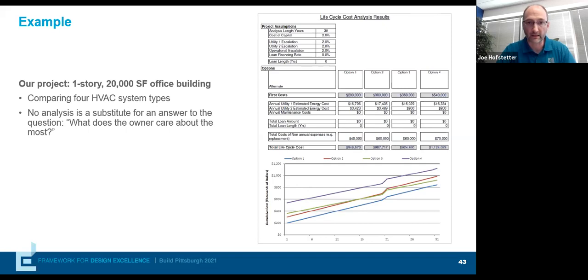And the payback on that from a return on investment of an LCCA was about 15 years. So going back to the owner and understanding, is that within the life expectancy of the systems involved? And does that meet the return on investment that financially the organization would be happy to make?